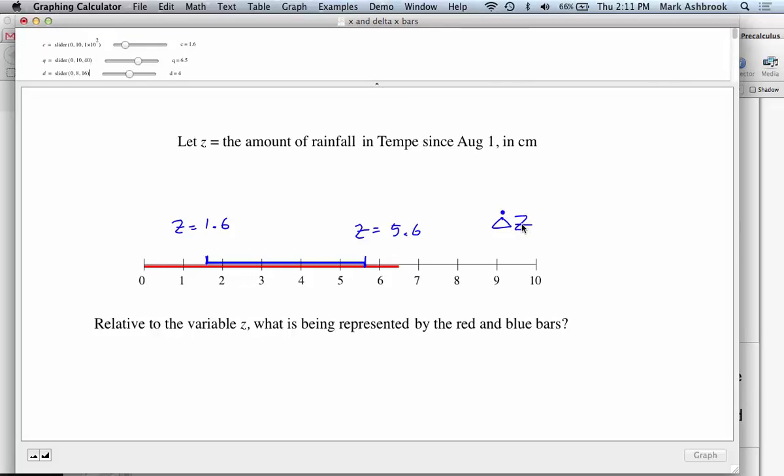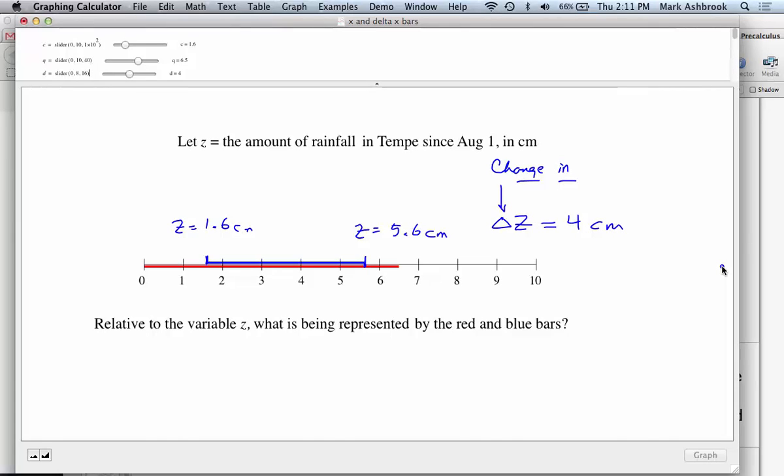Okay, and so this is the symbol, delta means the change in. So the change in Z, in this case, the way I'm showing it, what is the change in Z? 4 centimeters.